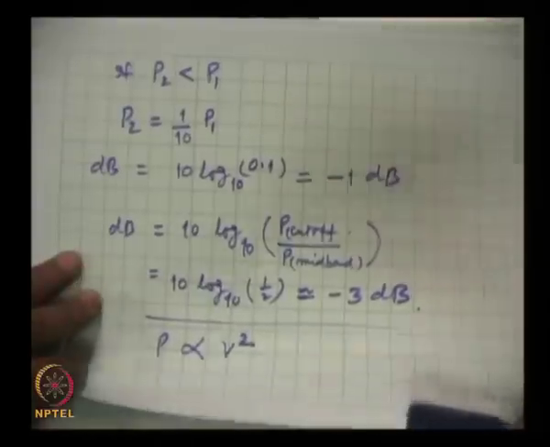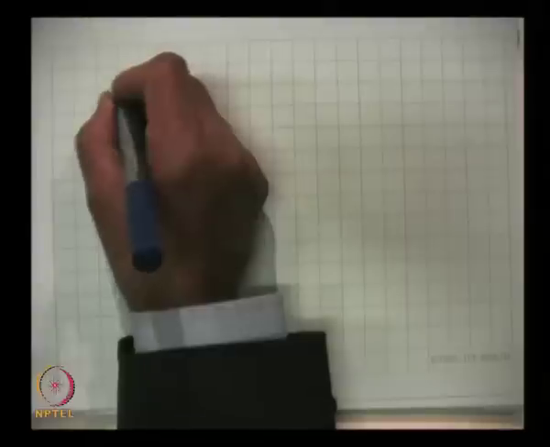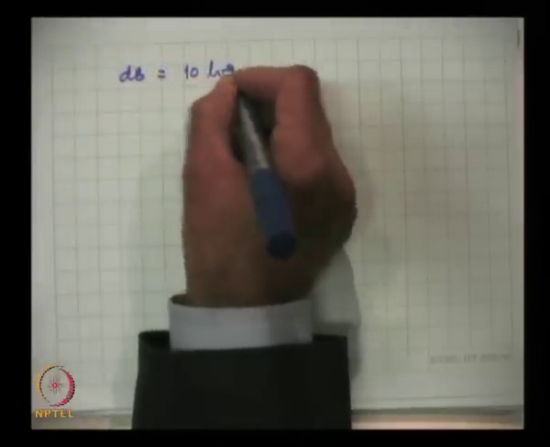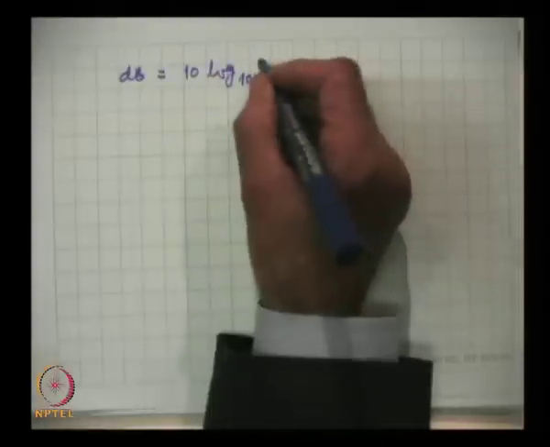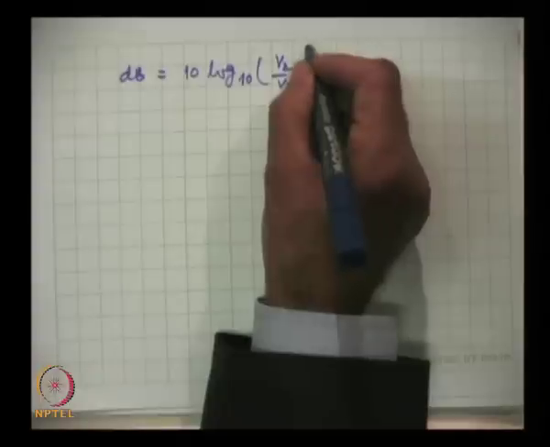So, using this, that power is proportional to the square of the voltage, we can write in dB in terms of voltages, dB is equal to 10 log base 10 V2 by V1 square.